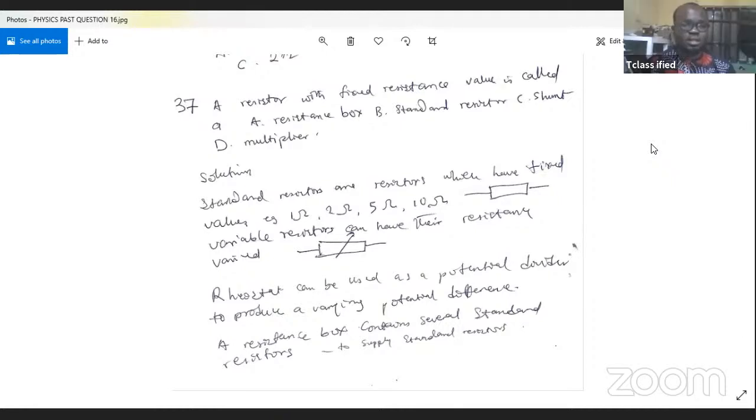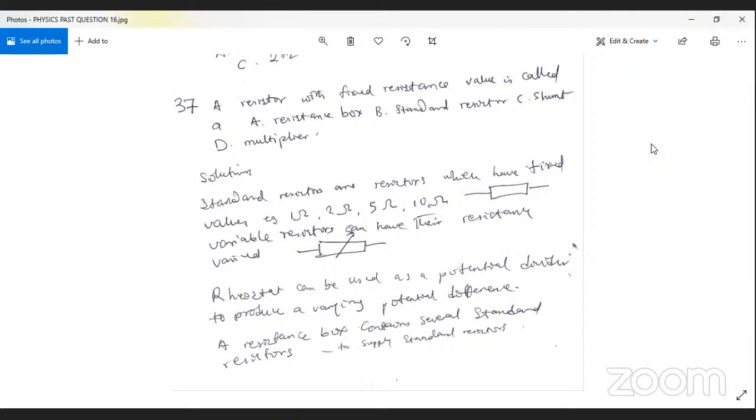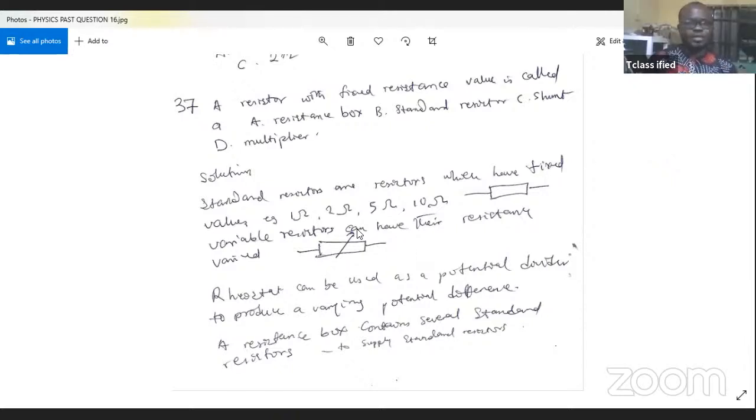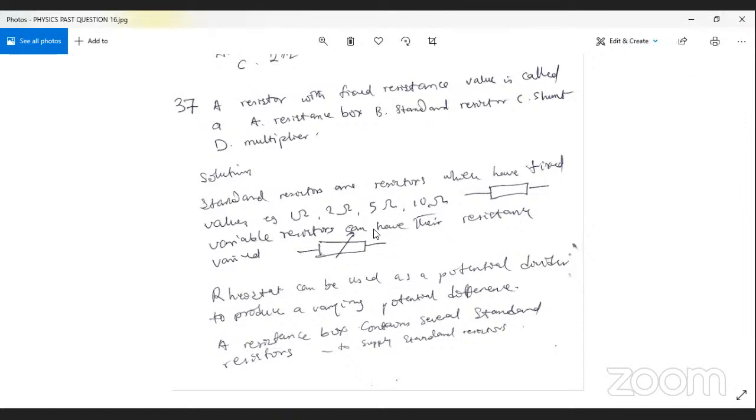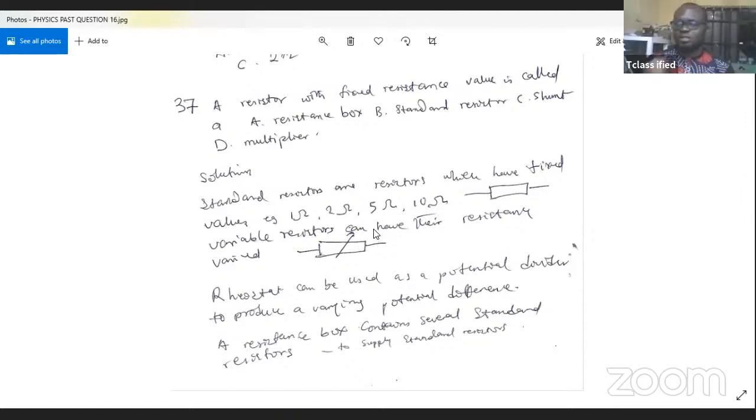Yeah. Okay, you can actually use a rheostat to supply varying potential difference. But what I gave you is actually for the variable resistor. So they have the same diagram. I'm not sure about the one for the rheostat, unless that's what you've seen as the diagram for the rheostat.